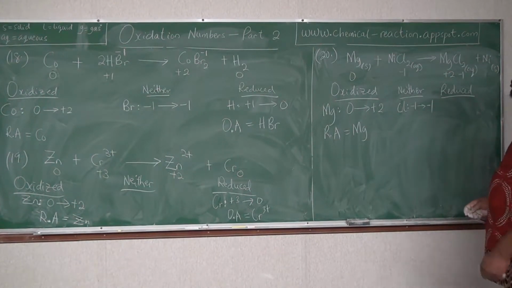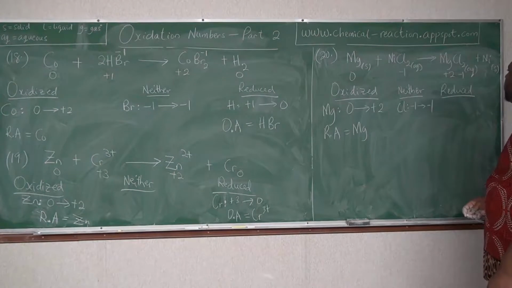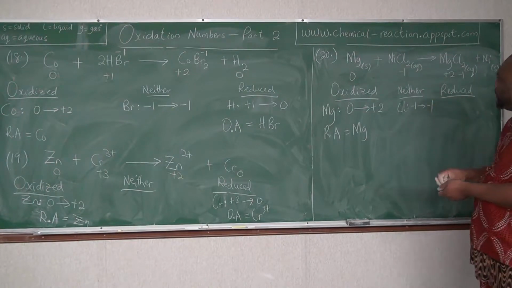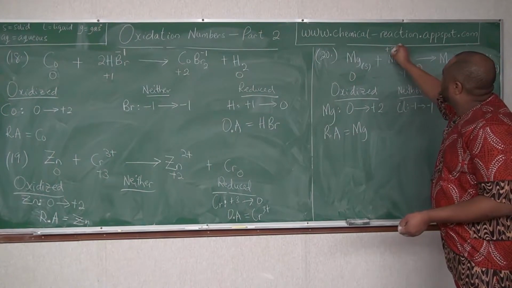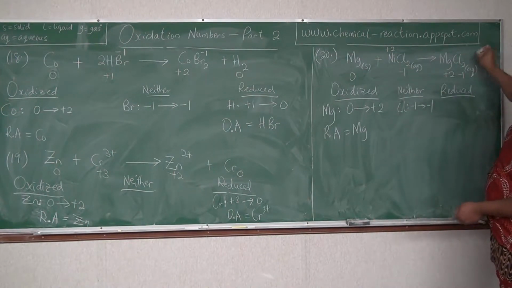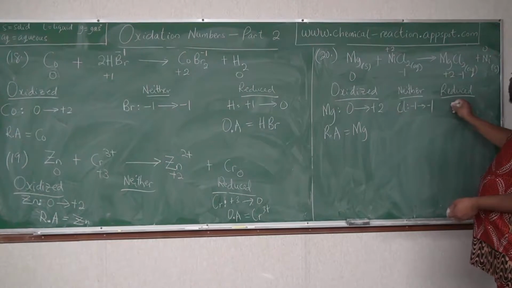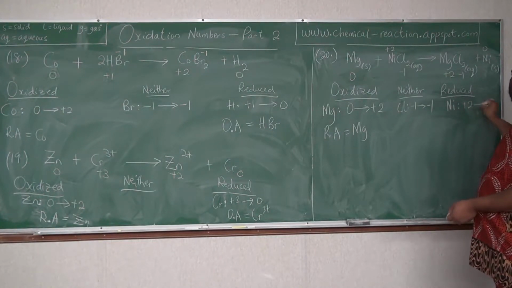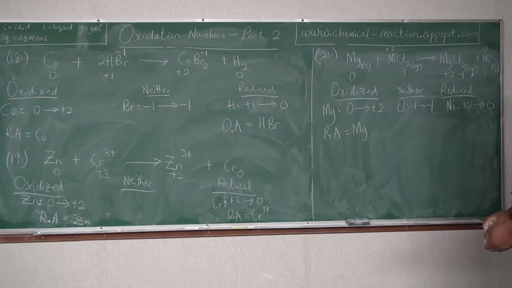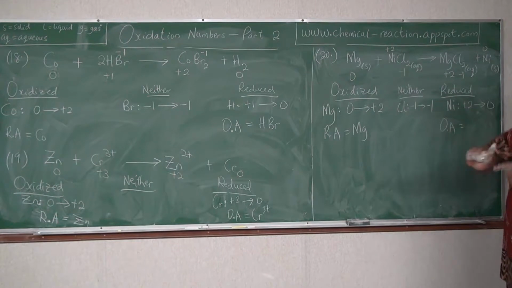And then reduced is nickel. Nickel here is +2, and then nickel here is 0. Nickel is reduced from +2 to 0. Now, what is the oxidizing agent? The oxidizing agent is not nickel.